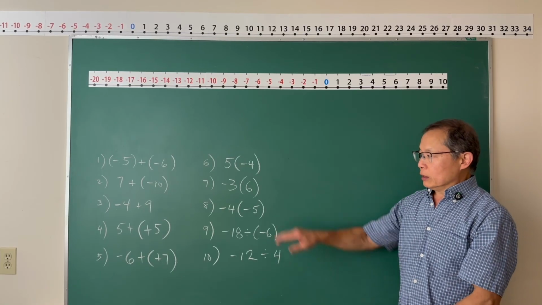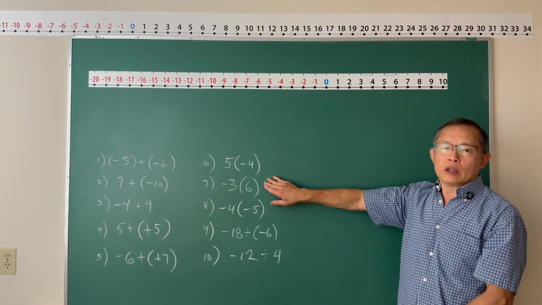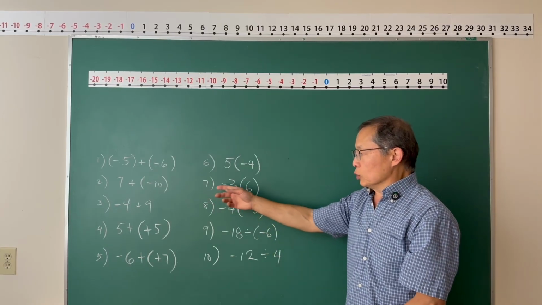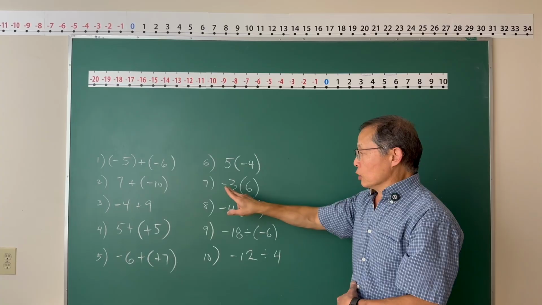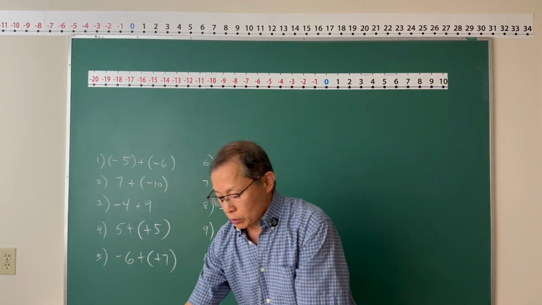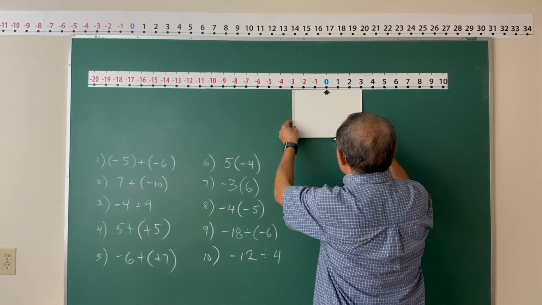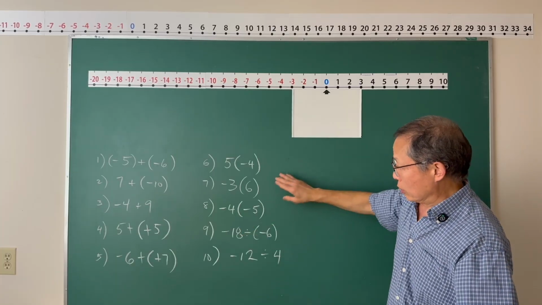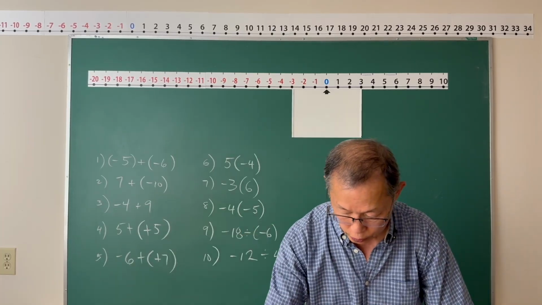Question number 7, -3 times 6. This one we're going to require the integer basket for. I like to interpret it as, remove 3 positive 6s. We're going to introduce 0 pairs because right now there are no -6s or positive 6s to remove.